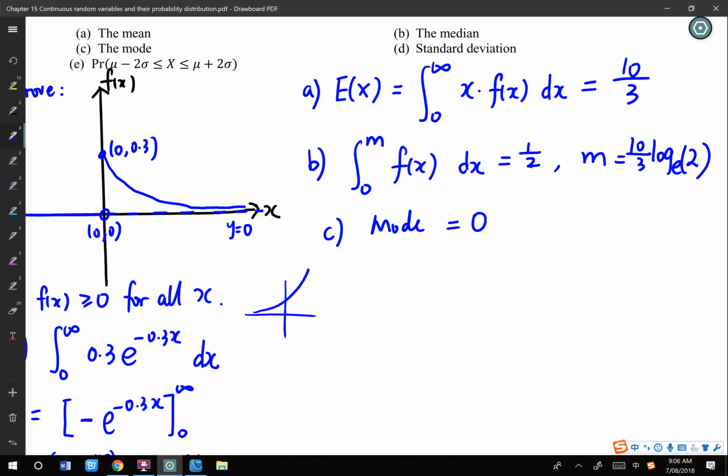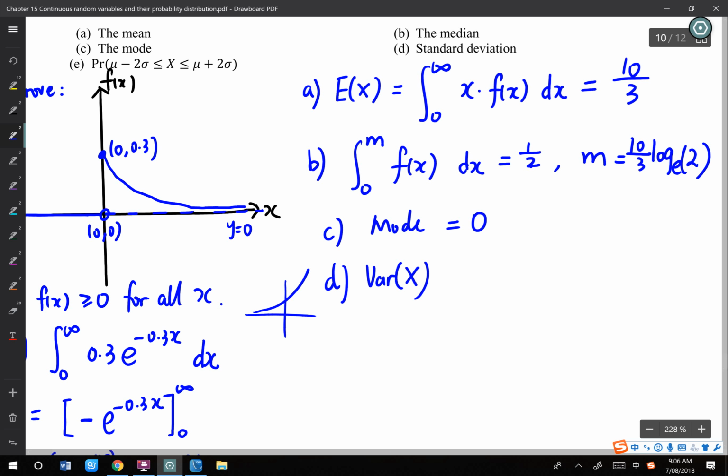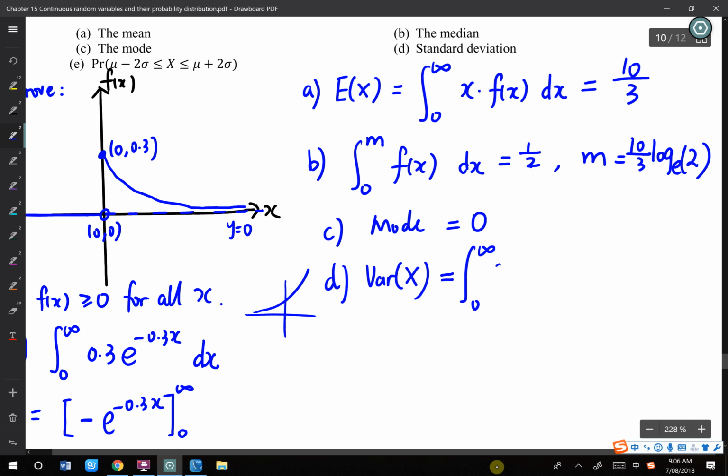Okay, D is asking for standard deviation. To find standard deviation, we need to find what first? Variance. There are two formulas for variance. I'll show you both. The first one, variance of x, is the integral from 0 to infinity of (x minus mu) squared times fx dx, where mu is 10/3.